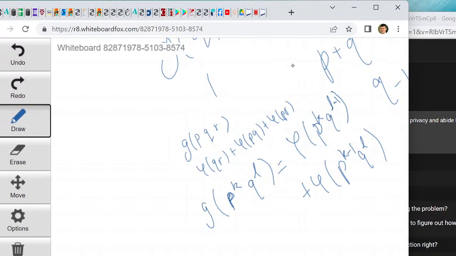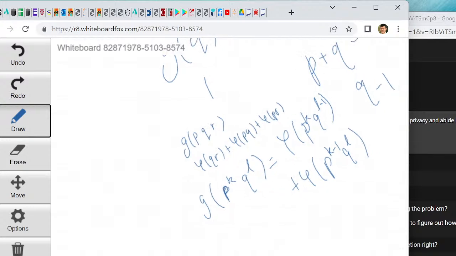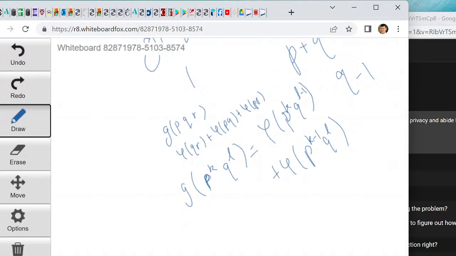And then how would this change if G of P to the K, Q to the L, and then just times it by an R?